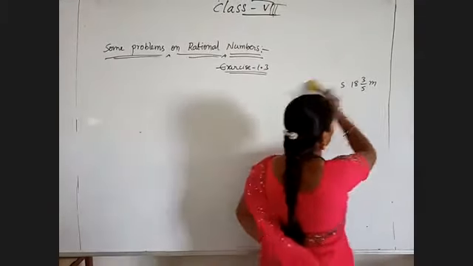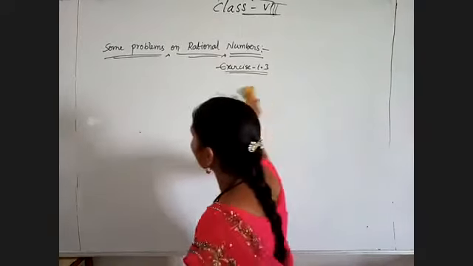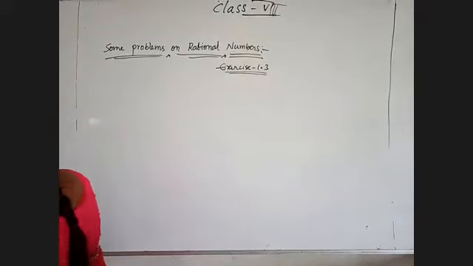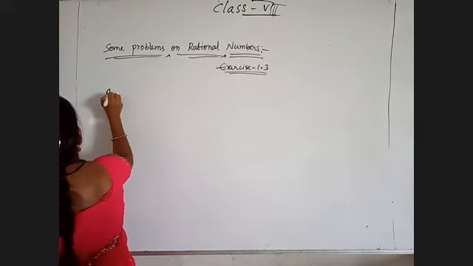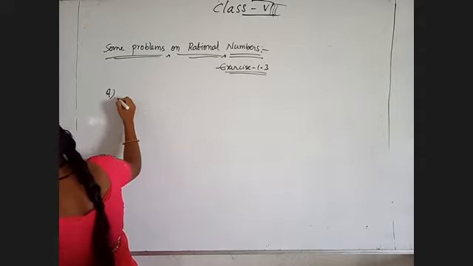So while we are simplifying this type of question, reading the sentence is very, very important. And by reading the sentence, you must note down the points, whatever they have mentioned. Observe the question.